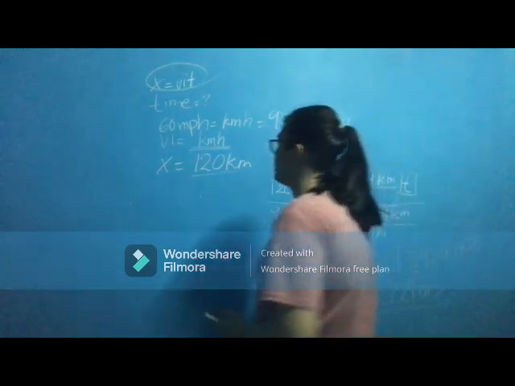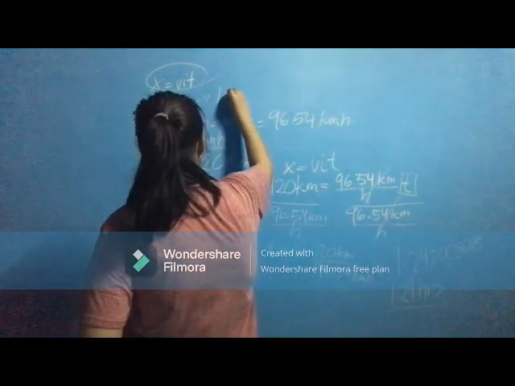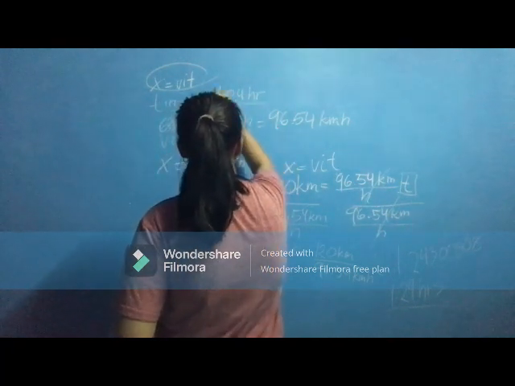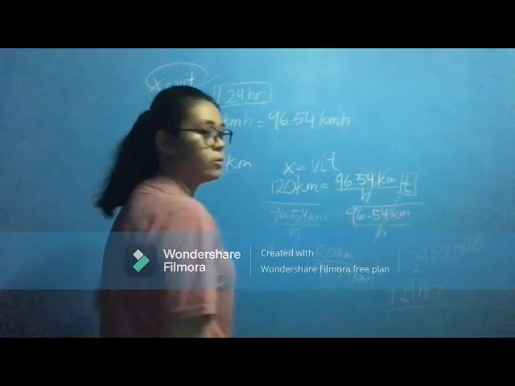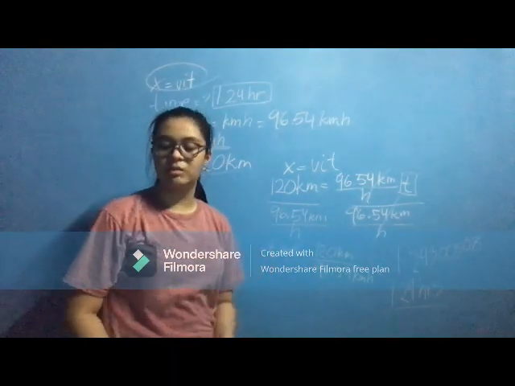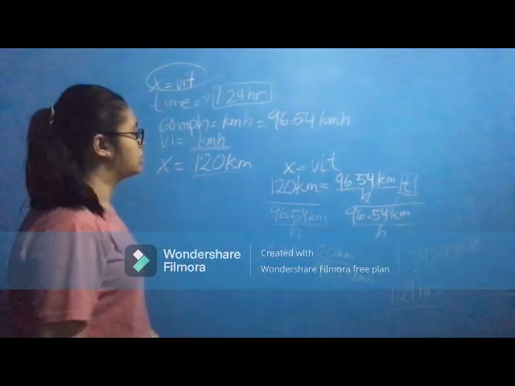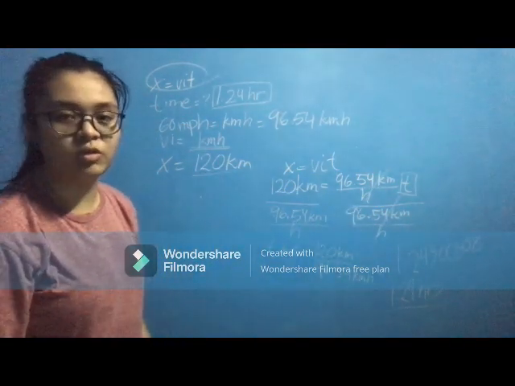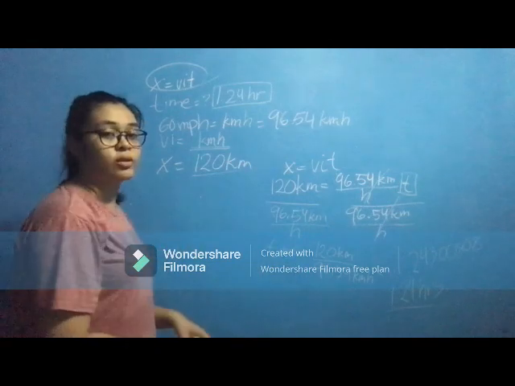So the time is 1.24 hours. We have found time, we apply dimensional analysis, and we also substitute into our equation whatever we need to find with the current equation.